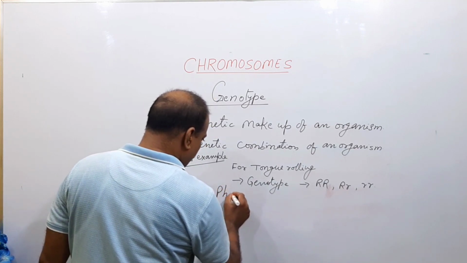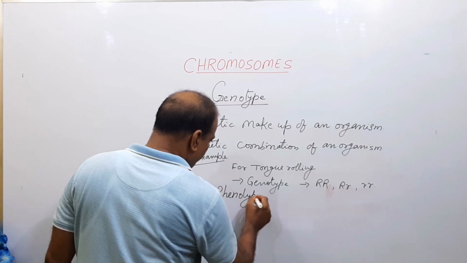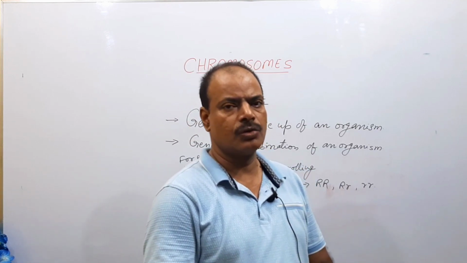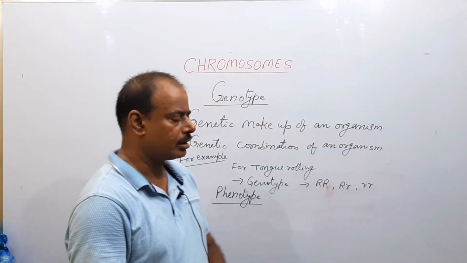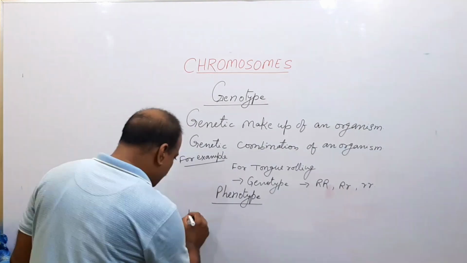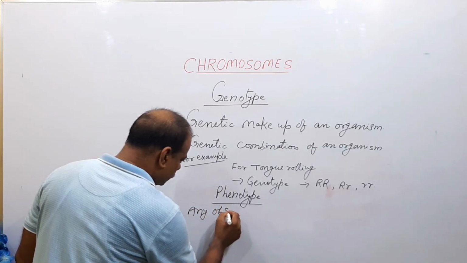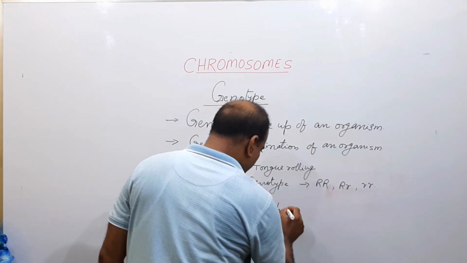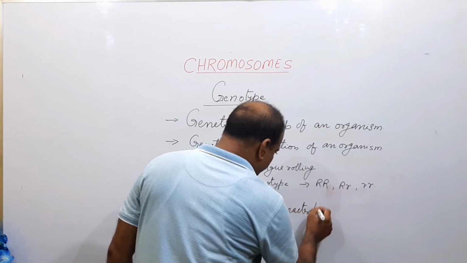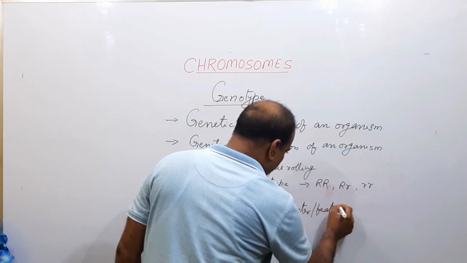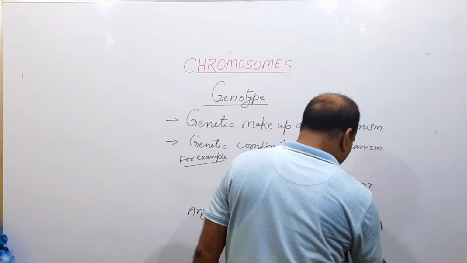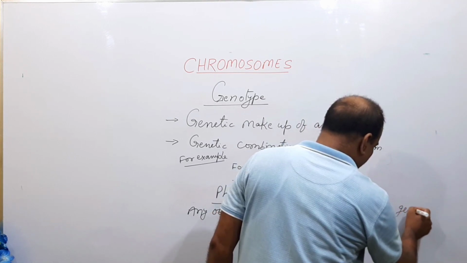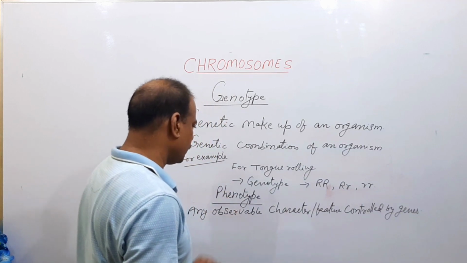Again, phenotype. Phenotype means any observable character which is controlled by genes is known as phenotype. Any observable character or feature controlled by genes is called phenotype.